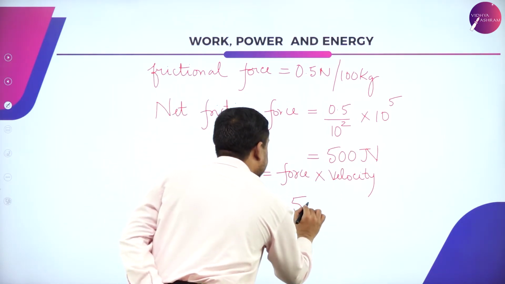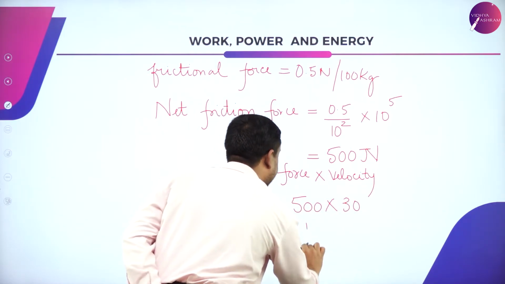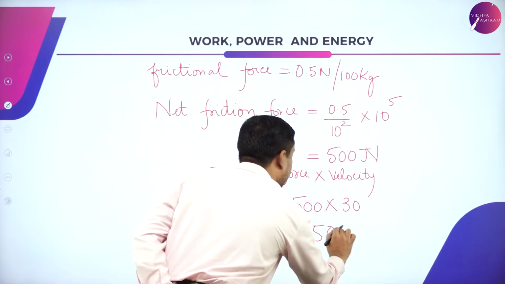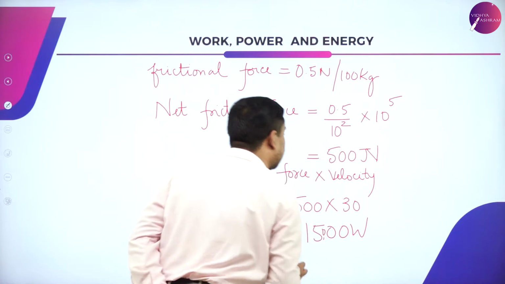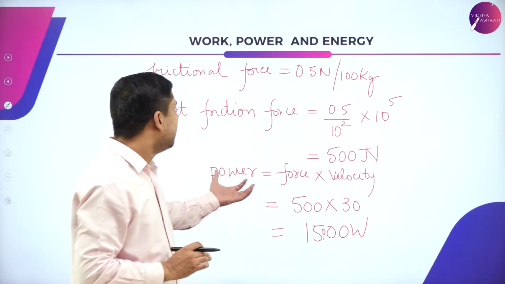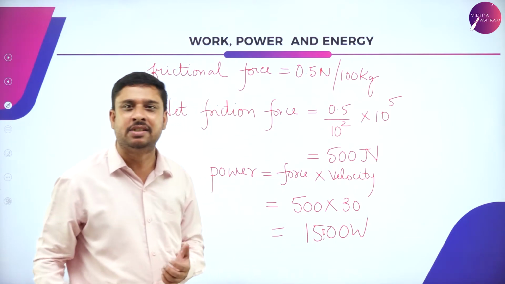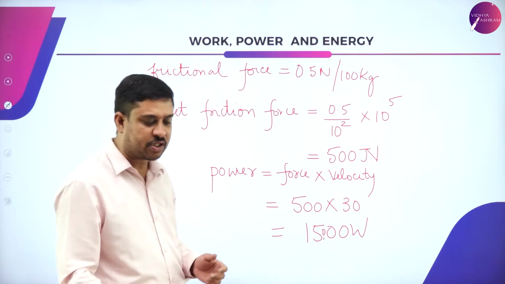Force is 500. Velocity is 30. So 15,000 watts will be the power. See, if I know the expressions, it is very, very easy that I can solve the question.